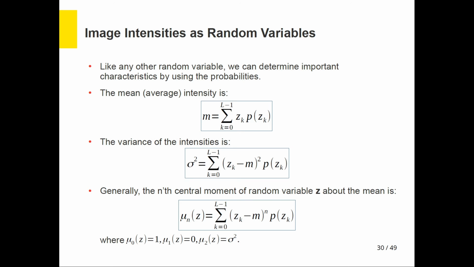And in general, we can define the nth central moment of the random variable z about the mean by this equation. As you can see, this is a generalized equation of the variance. So the 0th moment is 1, the first moment is 0, and the second moment is equivalent to the variance.